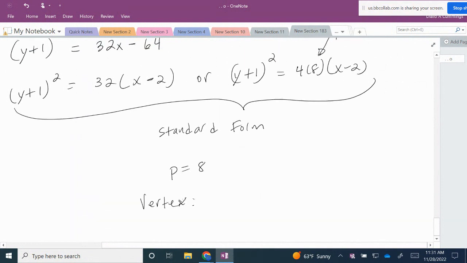Remember, our vertex is in the form H comma K. So our vertex is going to be 2 comma negative 1. So H is equal to 2 and K is equal to negative 1.